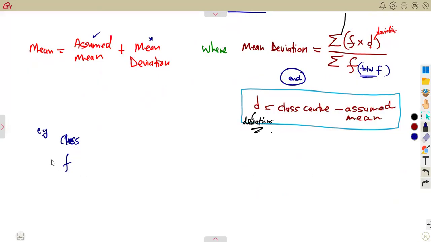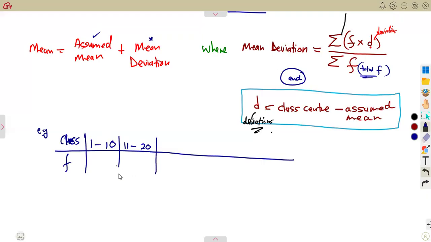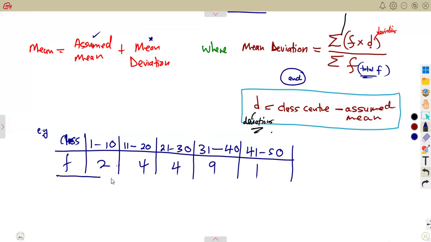These classes are given randomly: 1 to 10, 11 to 20, 21 to 30, 31 to 40, and 41 to 50. The frequencies are 2, 4, 4 again, 9, 1. This is your information.